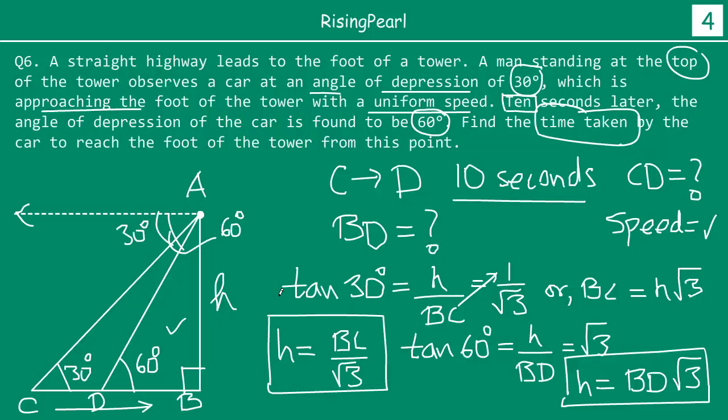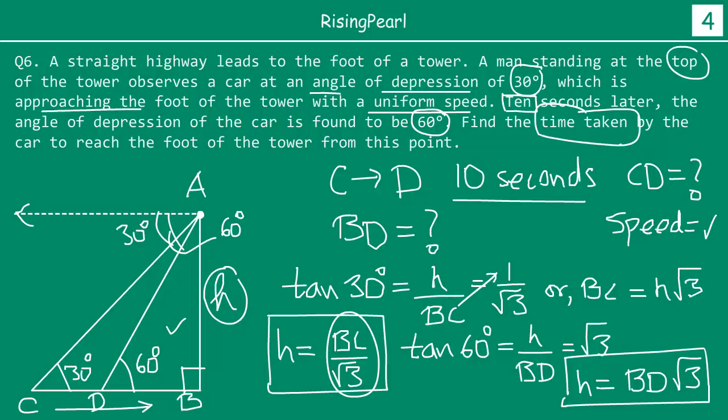The reason, friends, I wanted to express both of these lengths, BC and BD, in terms of h is because h is the common length. Correct? So if h is equal to this and h is equal to that, we can then say that BC divided by square root 3 is equal to BD times square root 3.